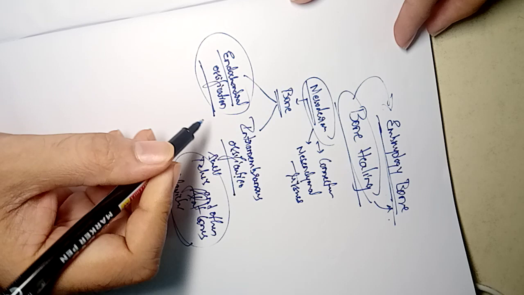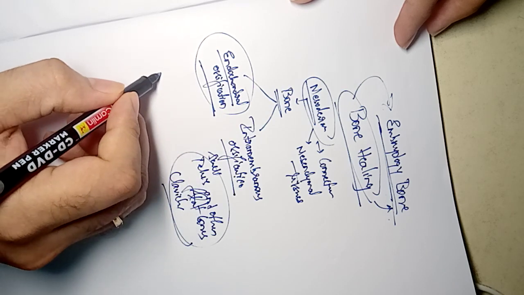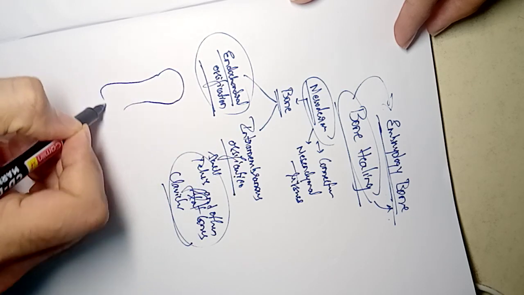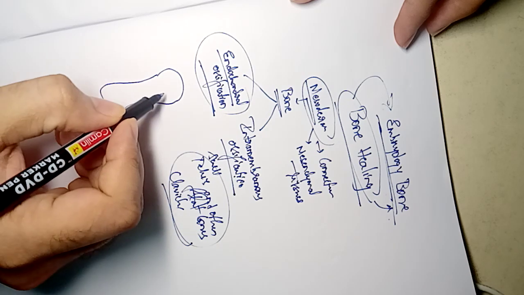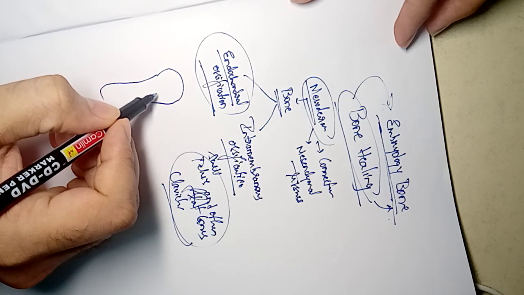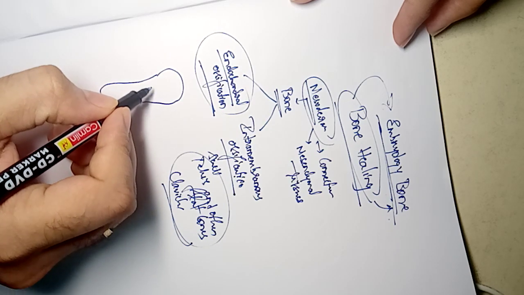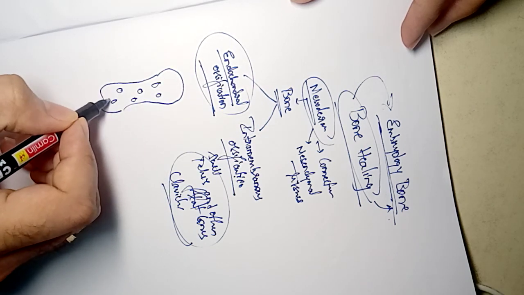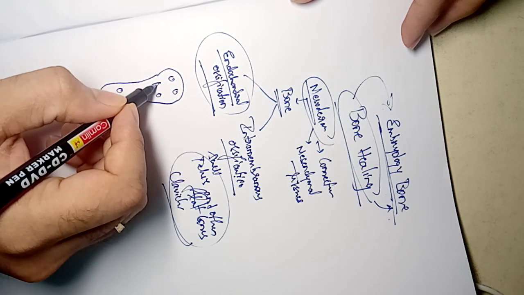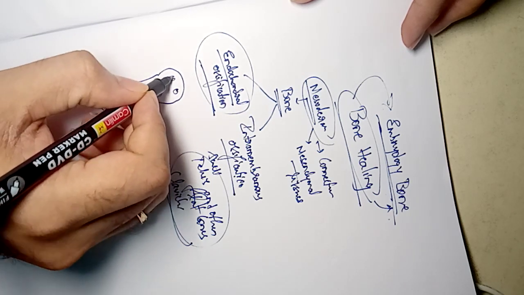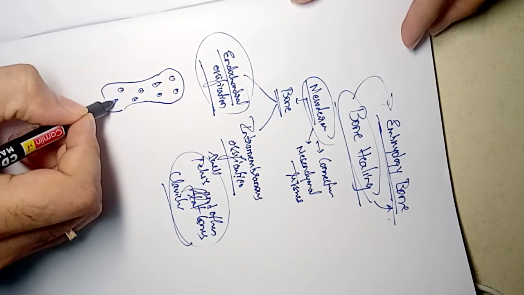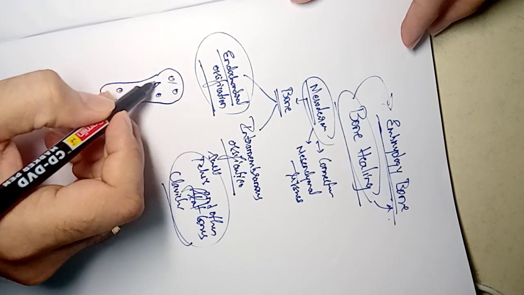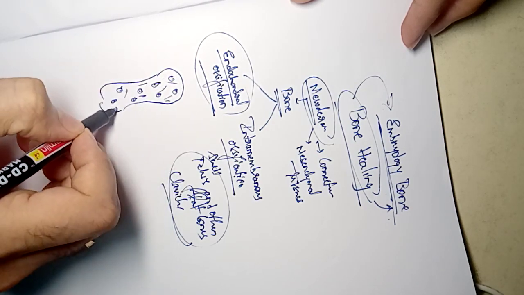What exactly happens is there is a cartilage anlage. This cartilage has a lot of chondrocytes, the blue cells with collagenous matrix. Okay.